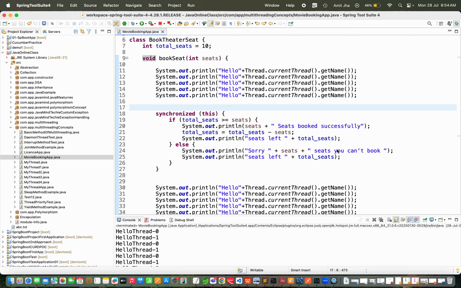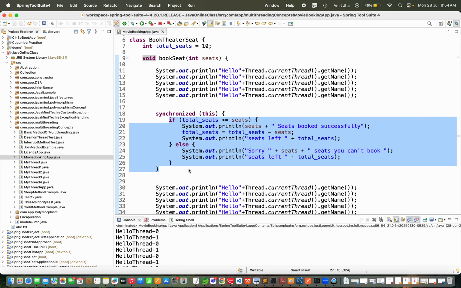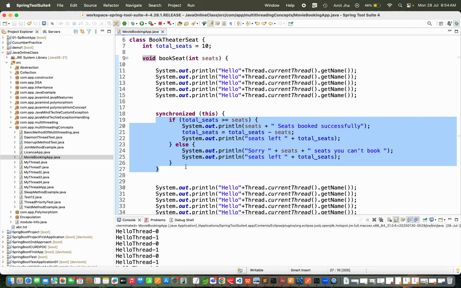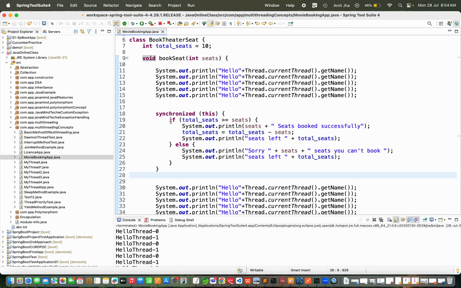So why should we not put synchronized at the method level? Suppose you need to synchronize only this much of the lines. That is the best example. Otherwise you unnecessarily block multiple lines in your method, but you only need this much of the lines, because data inconsistency may happen there. So that is the synchronized block concept.